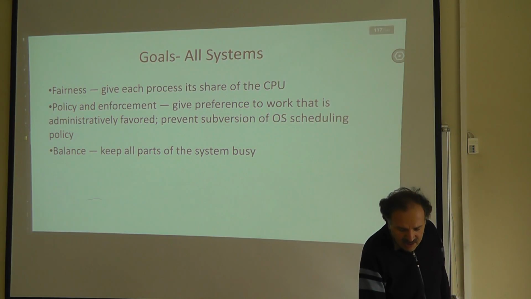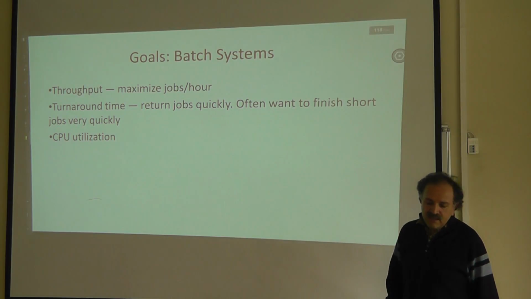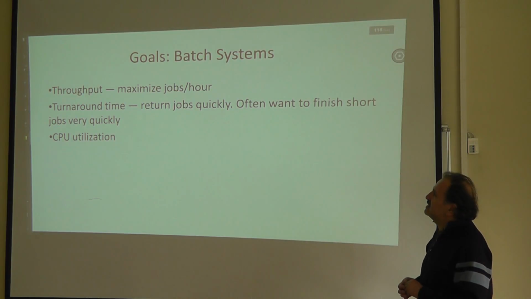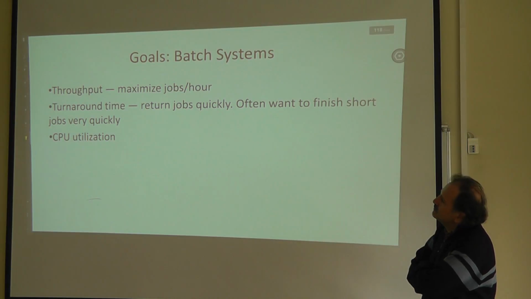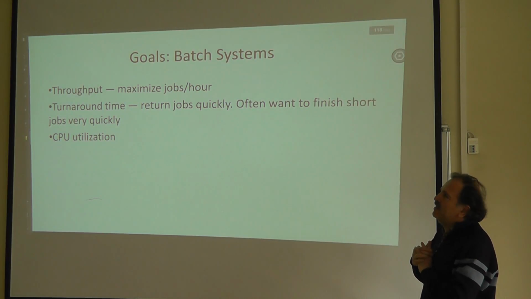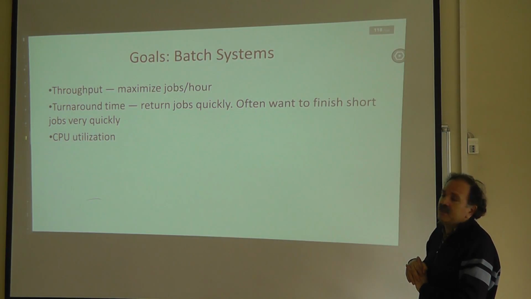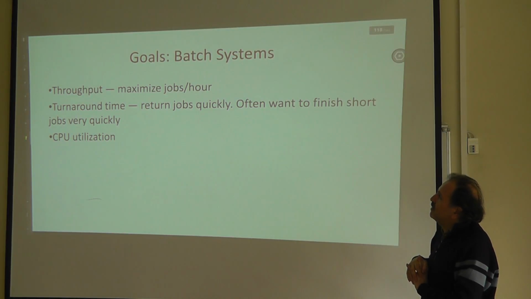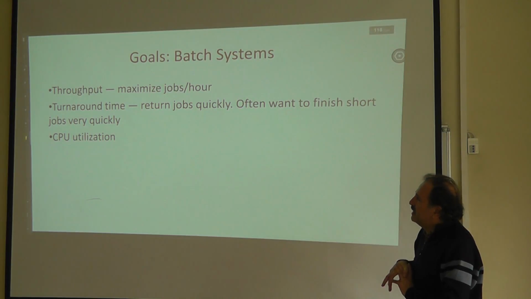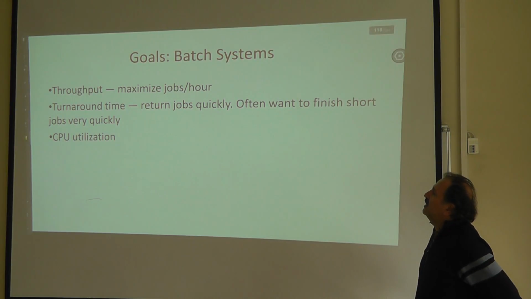Other than these general scheduling goals, I have specific goals depending on the system type. For example, for batch systems, I should maximize throughput. Throughput means maximizing jobs per hour: how many jobs did I complete in a given hour? That's the main goal of a batch system, so that I can complete more jobs.